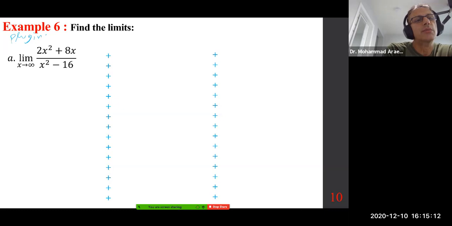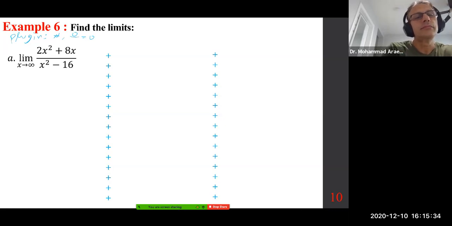So what happens when you plug in? When you plug in, you get a number, and you're done. You get 0 over a number other than 0, which is 0, and you're done. This is some number.